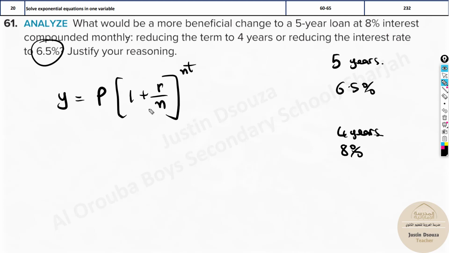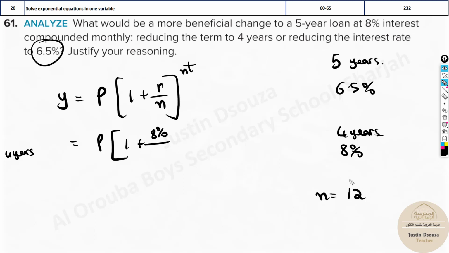Now let's apply the formula in both cases. Here, first one, the principal amount is unknown. Let's keep it like that. 1 plus, what is r? r is the rate. I will do 4 years first, okay? This is for 4 years. 1 plus r is 8%. Compounded monthly means the n value is every month in a year.